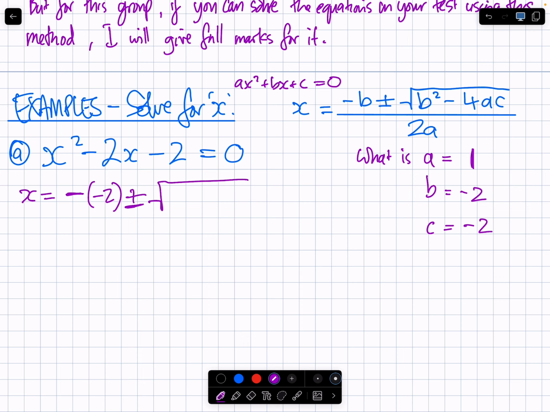Square root of, what did you say b was again? -2, and that's going to be squared. Minus 4 lots of a. What did you tell me a was? 1. And what is c? -2. Over 2 lots of a. What did you tell me a was again? 1.